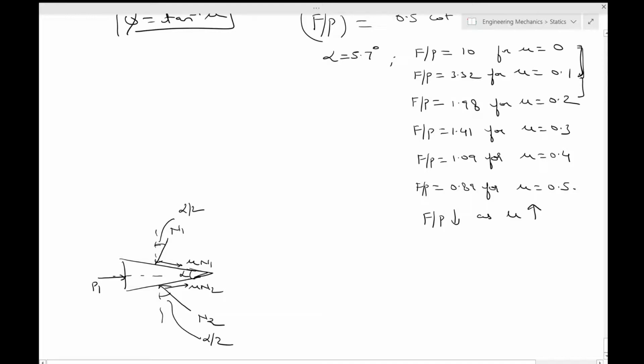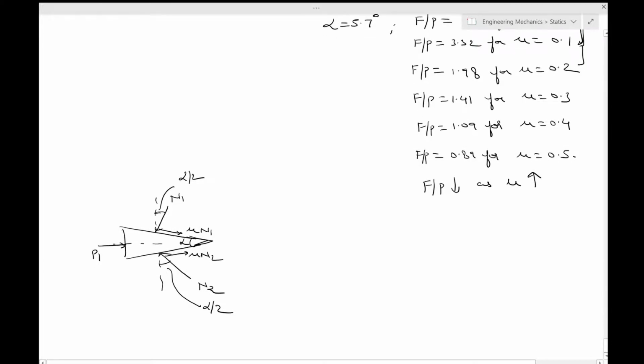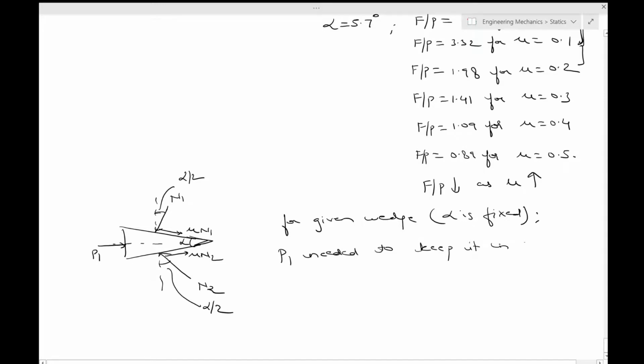Now for a given wedge, meaning alpha is fixed, you may need P1 to keep it in place without being squeezed out.